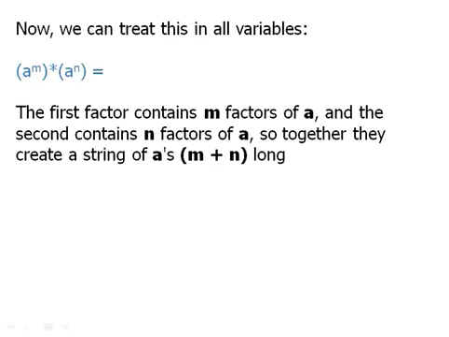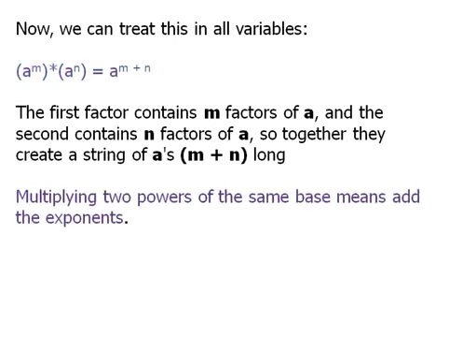I multiply them all together, I'm going to get this long string of factors of a, and the number of factors of a in that string will be n plus m. So, in other words, we can just add those two numbers. That's the new exponent for a. And that right there is one of our laws of exponents. Multiplying two powers of the same base means that we can add the exponents.